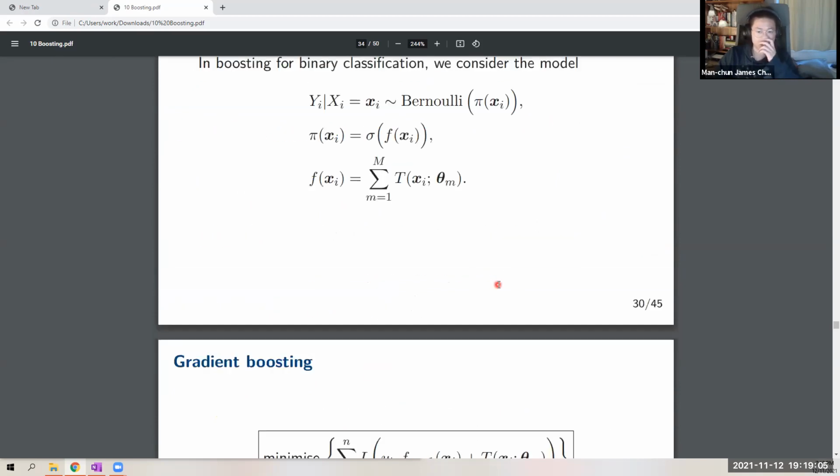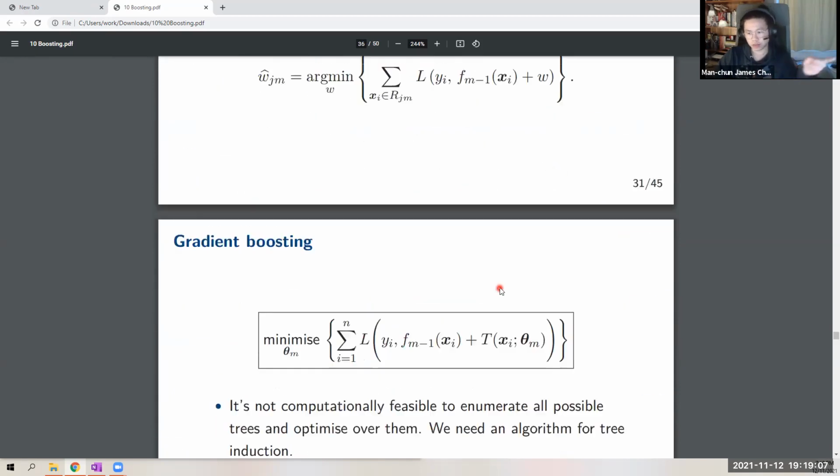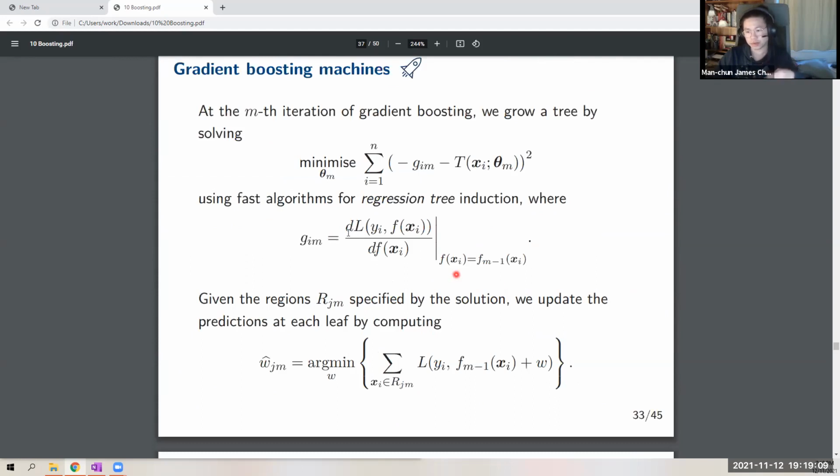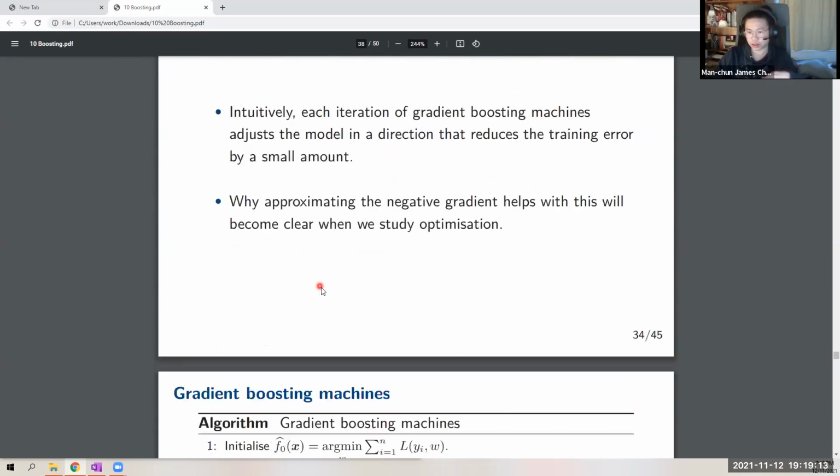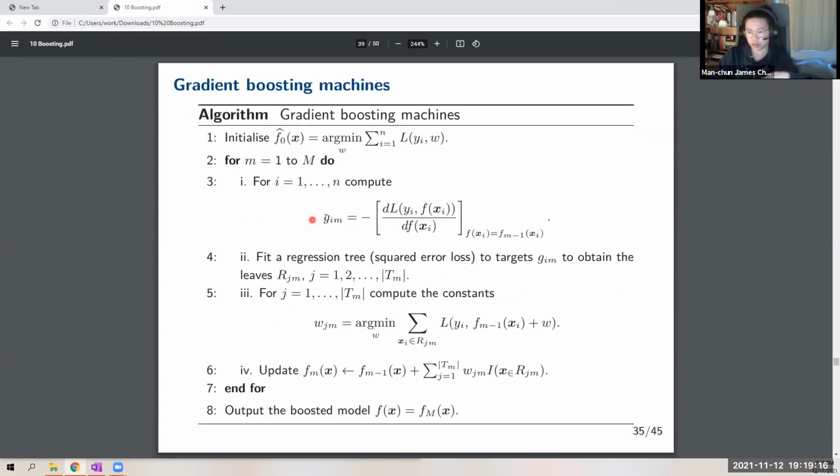And gradient boosting. This is not clear here, but if you watch the recorded tutorials, it's very, very clear. So you can see here that we're computing the gradients, and then we fit the trees to these gradients. So we're actually modeling the gradients, and then we descend down the gradient.